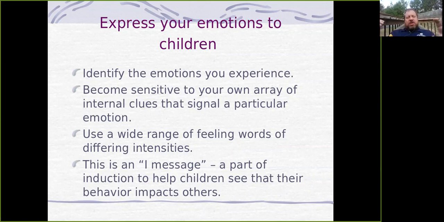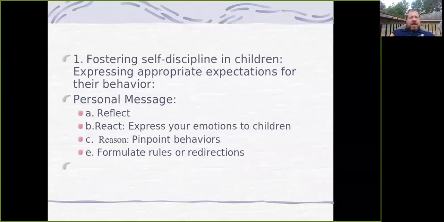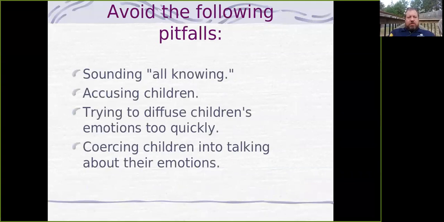It's just saying what impact the child's behavior has on you, to make it clear to the child that their behavior is having that impact. So we're going to want to use a variety of different words here, in an intensity to match the kind of situation. And so this is the second step here.